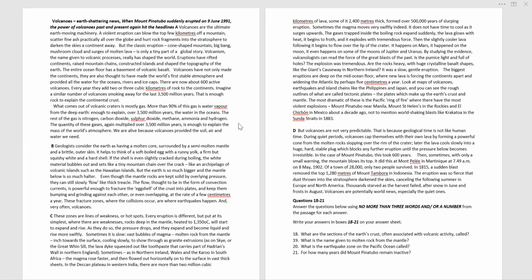I think the A paragraph might have the answer, because that was the explanation of the basic criteria of eruption. I'm not quite sure about it, but that's what I feel.